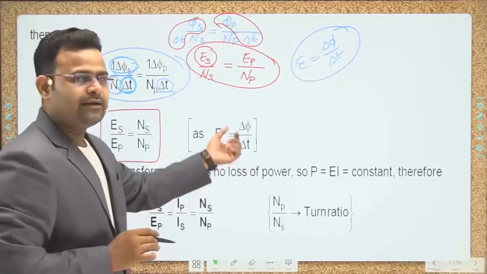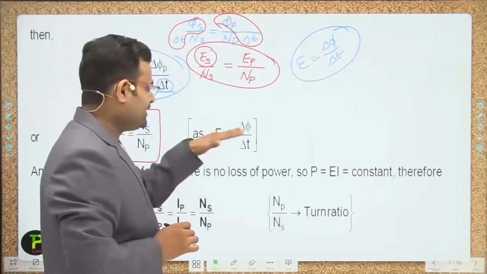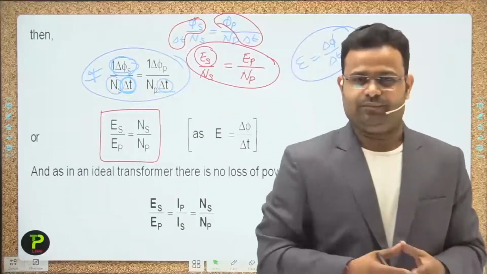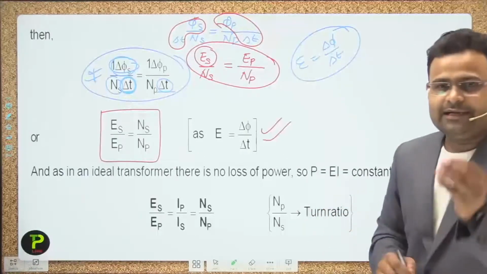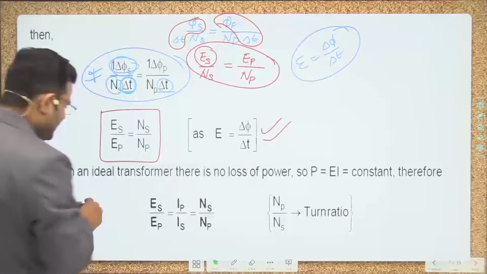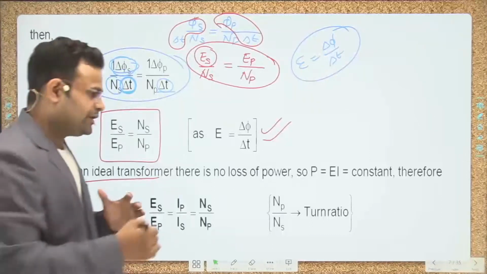Everyone knows that the EMF produced in any circuit is equivalent to change in flux upon time. Now, for an ideal transformer: ideal means there is no loss, but practically there is no ideal transformer. We just use that word to understand the concept.